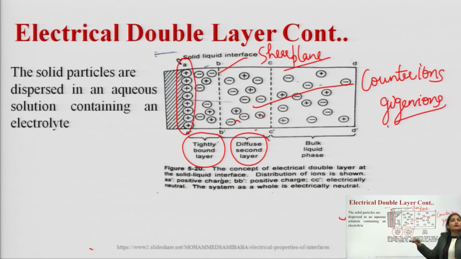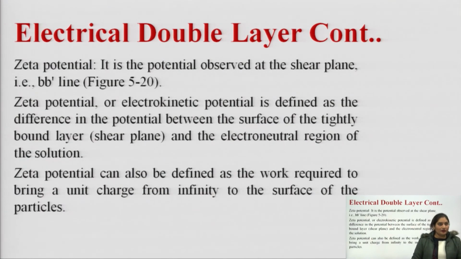There is another potential, that is zeta potential. It is the difference that exists between BB dash and the electroneutral region. Okay. So, zeta potential is observed at the shear plane, and what is the shear plane? It is the BB dash line. Zeta potential is also known as the electrokinetic potential, and it is defined as the work required to bring a unit charge from infinity to the surface of the particle.